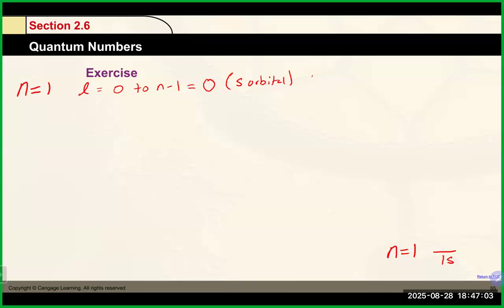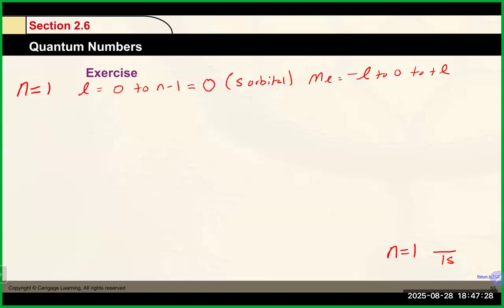Now, when I do m sub L, which is the, I'm sorry, the magnetic quantum number, that has values, I didn't really put it on the last slide, but let me put it here. It has values of minus L to 0 to plus L. So these are the acceptable values for m sub L. In this particular case, because my L value is 0, you can't have negative 0.